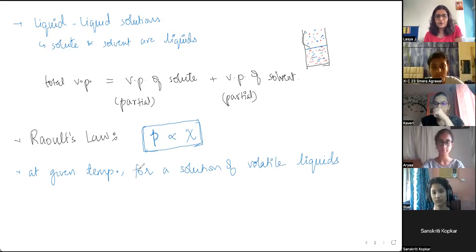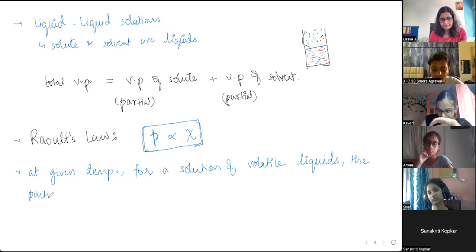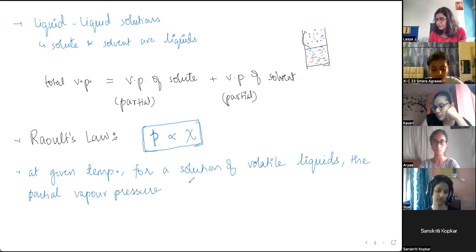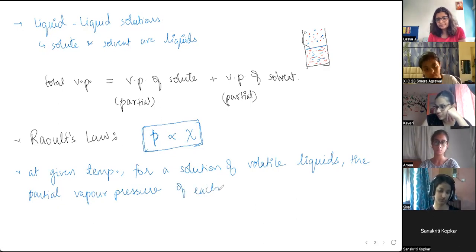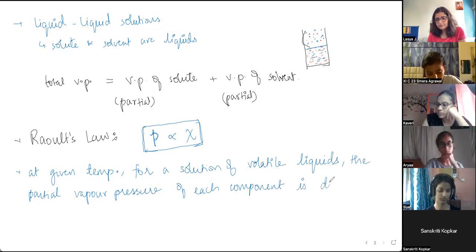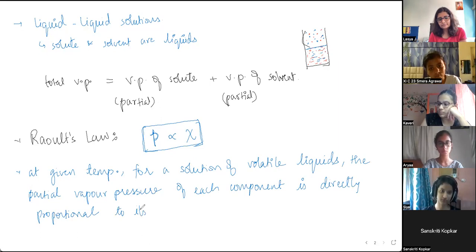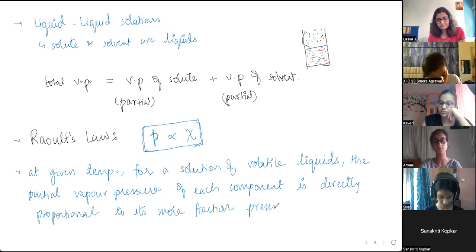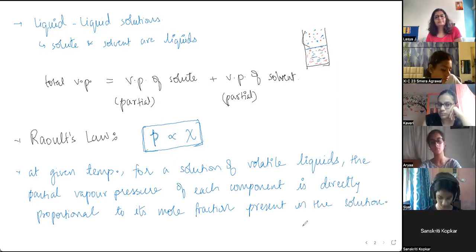Okay. All right. So for a solution of volatile liquids, the partial vapor pressure of each component is directly proportional to its mole fraction present in the solution.